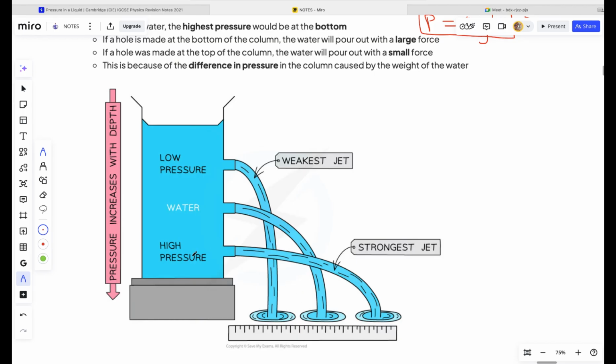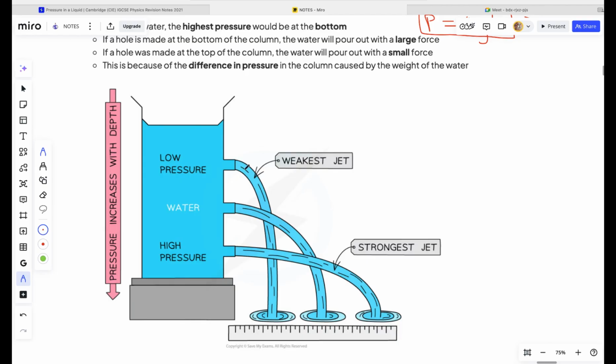Here, the pressure is highest, so you can see the greatest jet. The force per unit area is greater, so it is farther away. This one is thrown away. The water is taken farther away from the container because the pressure is very high compared to here.